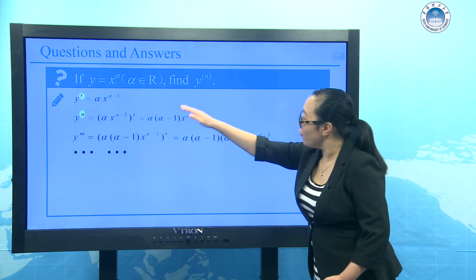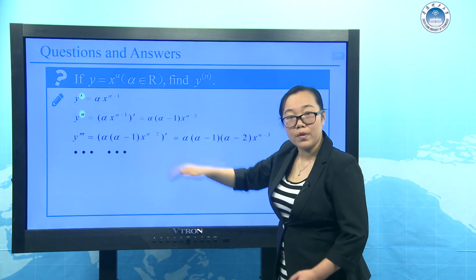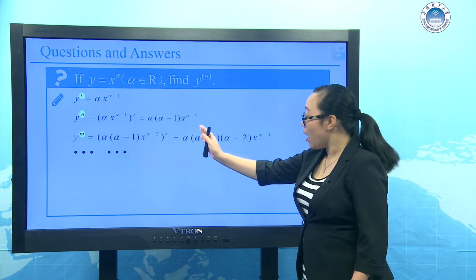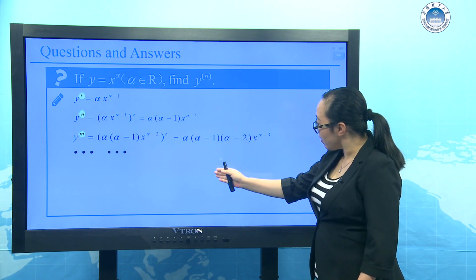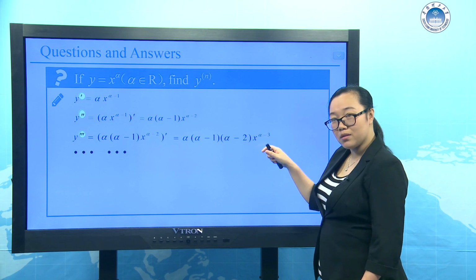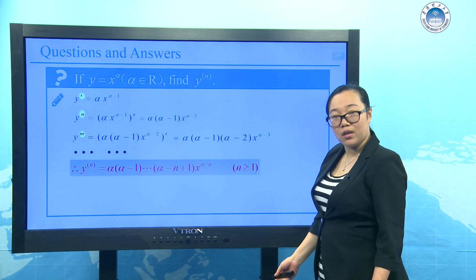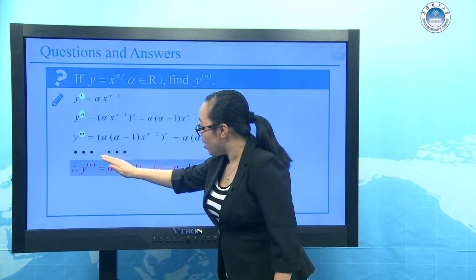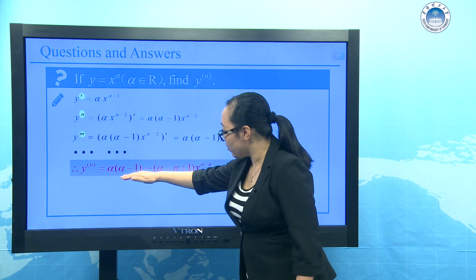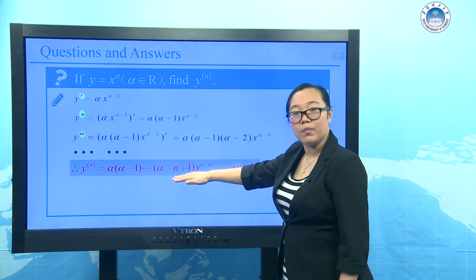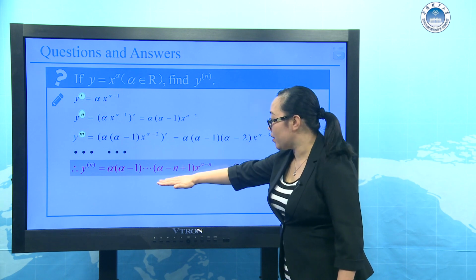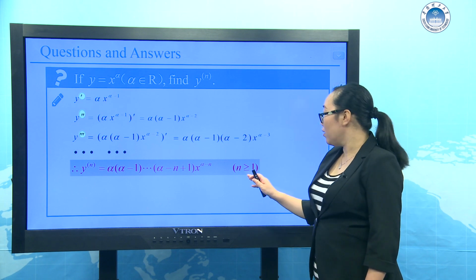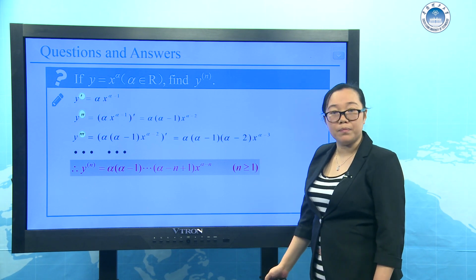The second has 2 constants, the third has 3: alpha minus 0, alpha minus 1, alpha minus 2, and the power is alpha minus 3. We can conclude that the nth derivative is alpha minus 0, alpha minus 1, alpha minus 2, until alpha minus n plus 1, and the power is alpha minus n.